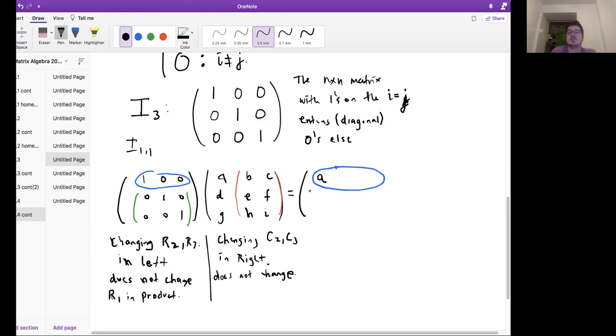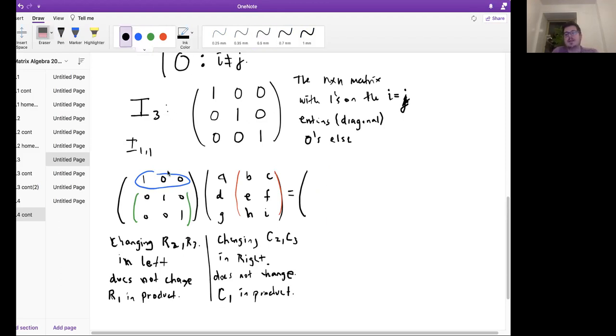So in the first column, what entries in the second matrix produce the first column in the product? It's only the first column. So it's a neat little trick.